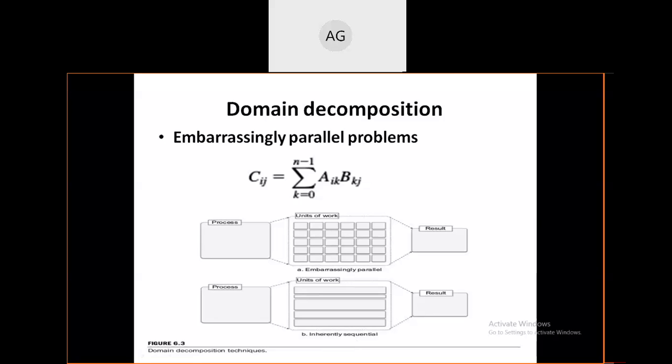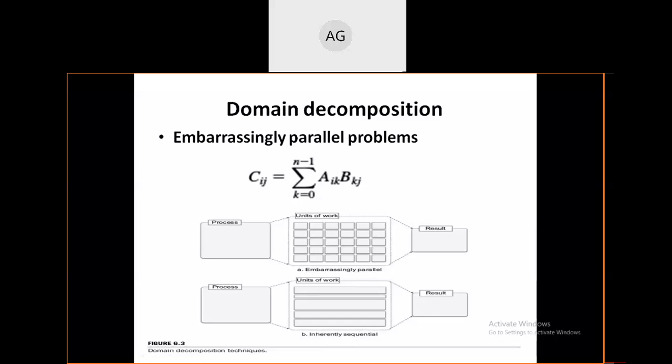The linear combinations correspond to the rows as well as columns of the first and second input matrices, respectively. You can see here c of i j is equal to the summation, k equal to 0 to n minus 1, of a of ik and b of kj. He has given this equation.